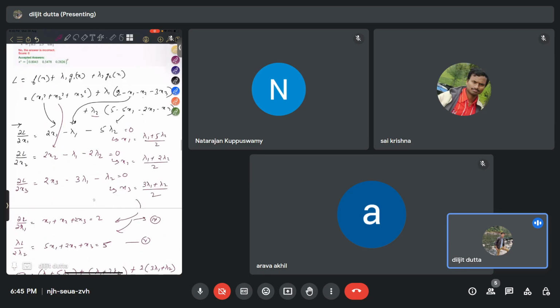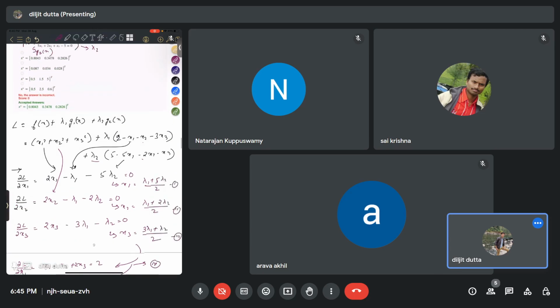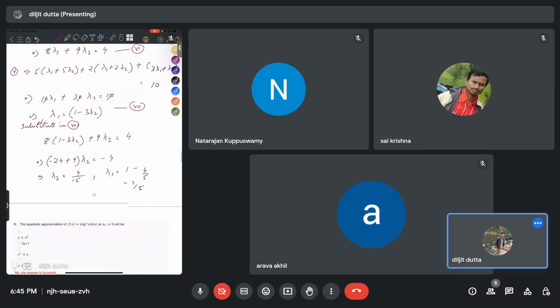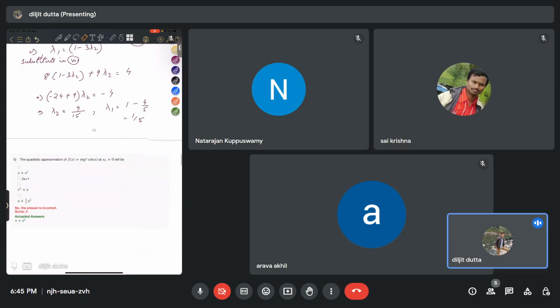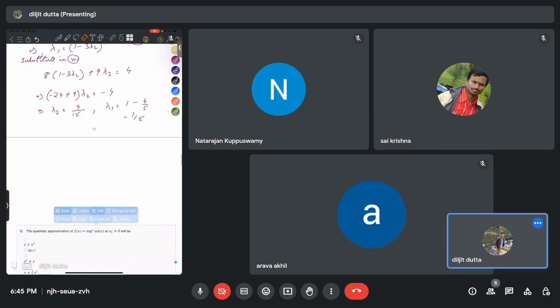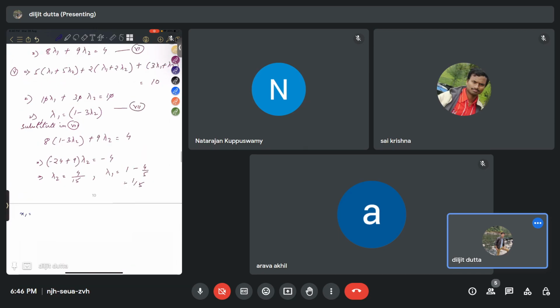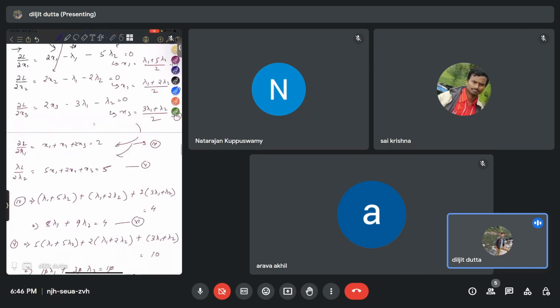So we can substitute in these three equations to get the values of x1, x2, and x3. Let us see what values we get. This is a simple calculation only. So x1 is equal to lambda 1 plus 5 lambda 2 by 2.